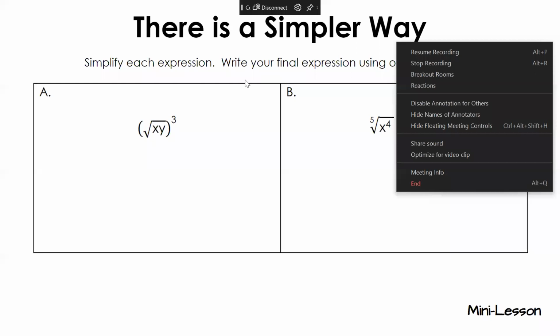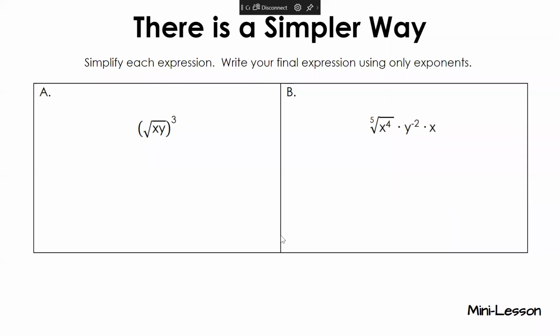So we're going to simplify each expression and we're going to write our final expression using only exponents. Okay, so we've got the square root of xy raised to the 3rd power. If there's nothing written here in this little cubby hole, what do we assume it is? 2.